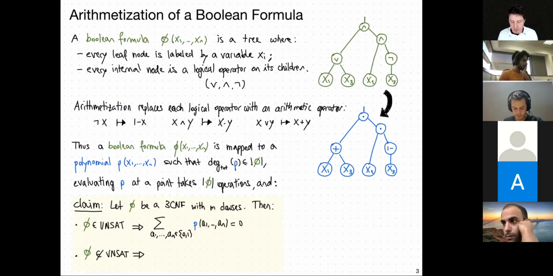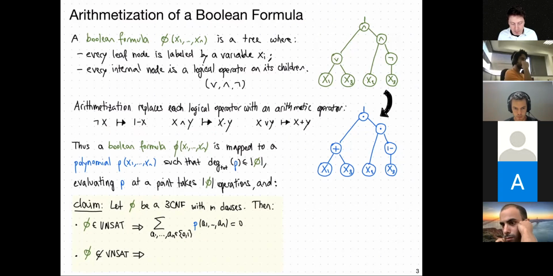Why? Because anytime we get something that is supposed to be 0, it is propagated as 0. If x and y is 0, then x times y is also 0. If x or y is 0, then x plus y will also be 0. And if not x is 0, then this will also be 0.